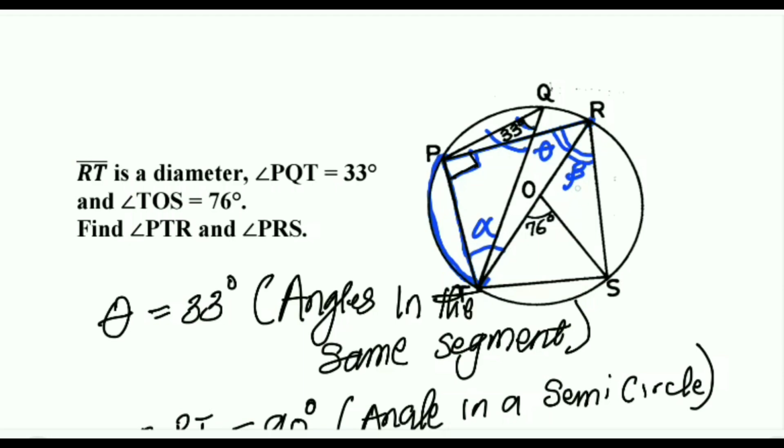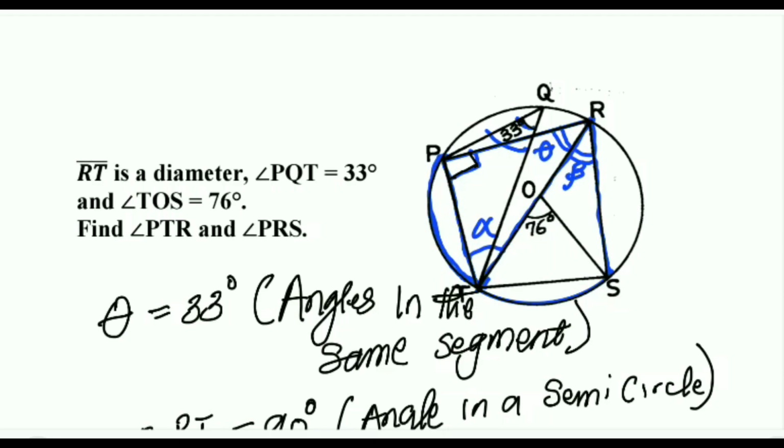Now, beta is an angle formed on the circumference of the circle, and the root of beta is T and S. This is the arc that subtended beta on the circumference. I hope you can see that arc. There is an angle that shares the same root at the center.